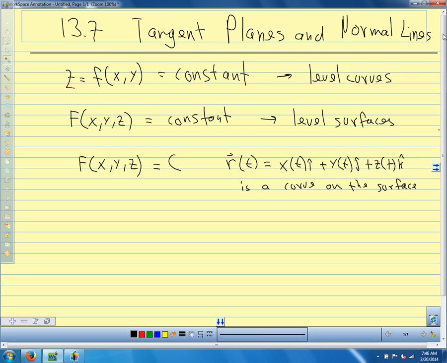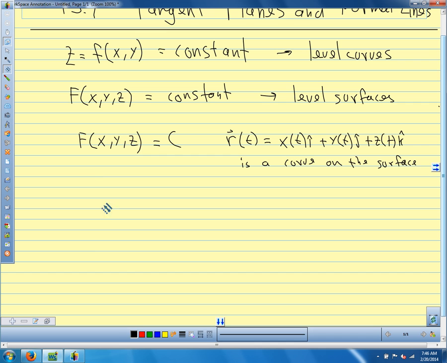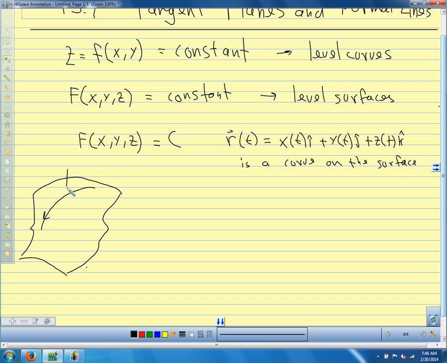So just some curve. Here's a quick sketch. I'm not even going to draw my axes. Here's my surface, some surface, and I have r of t on this surface. That curve is r of t, and this surface is the level surface f of x, y, z equals a constant.